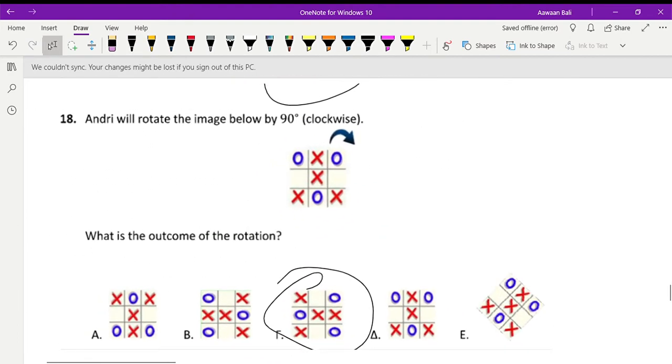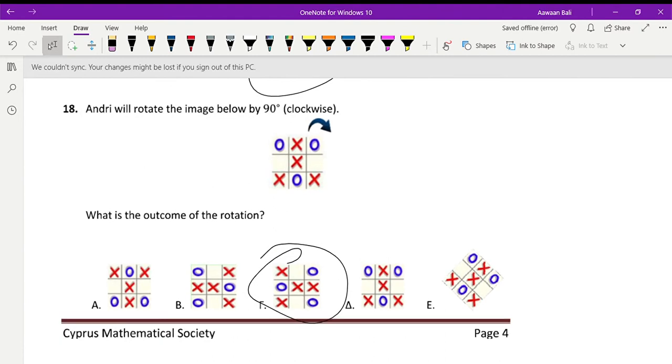Now, Andrea will rotate the image below by 90 degrees clockwise. What is the outcome of the rotation? Well, eta is definitely wrong, because when you do 90 degrees, the square will still look the same, just the inside will be different. Like the pattern there will be different. This is 45 degrees basically, so that's wrong.